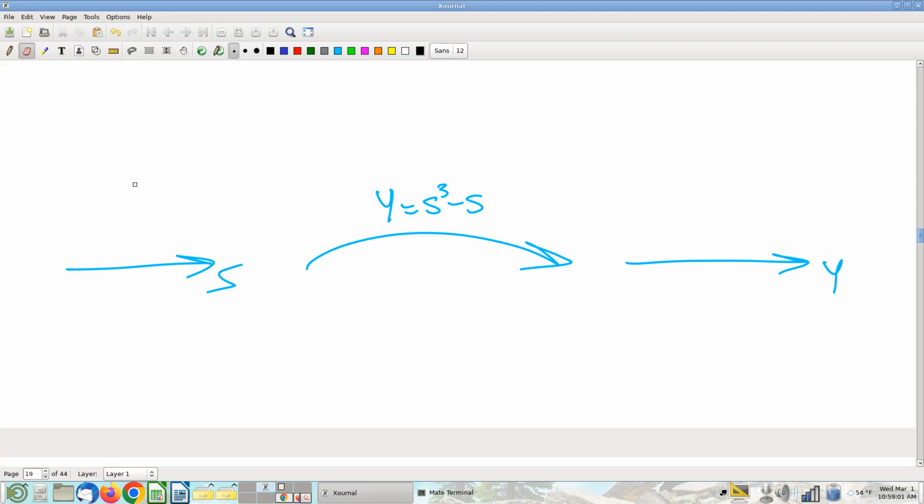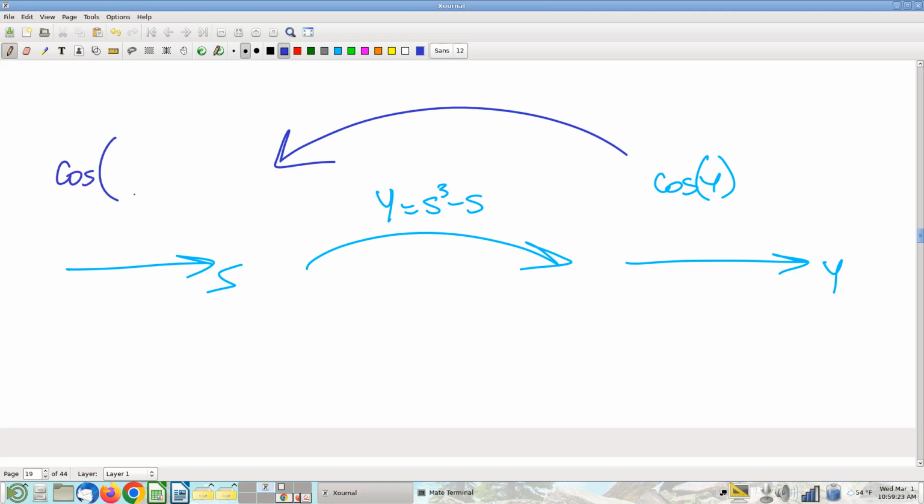Whereas on the other hand, much easier: if I had an expression over here, cosine of y, no sweat. This will do what we call a pullback. Something written in terms of the output variable can be rewritten as something in terms of the input variable, in this case s, just by literally plugging in cosine of, well, y is this.